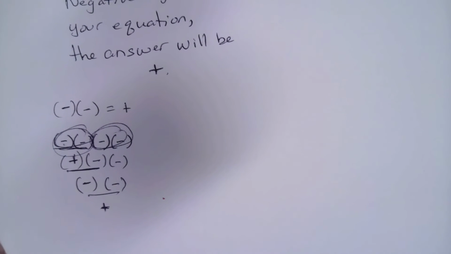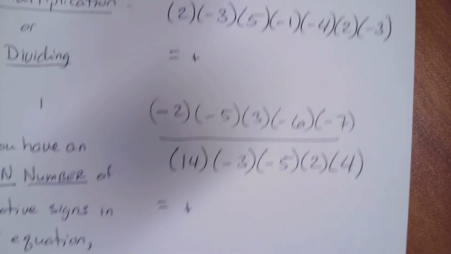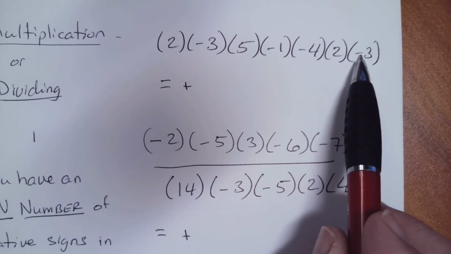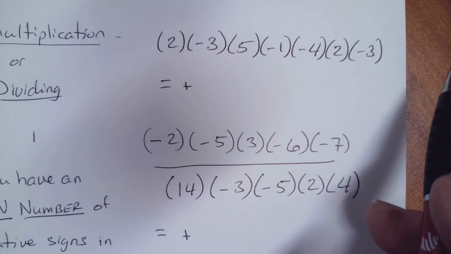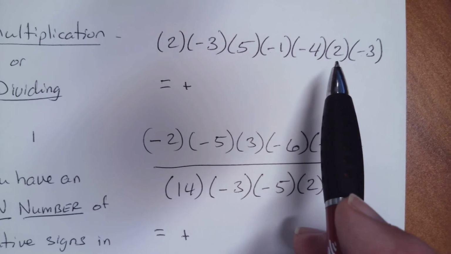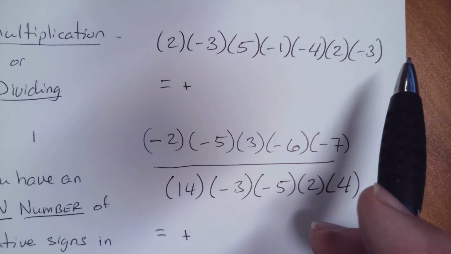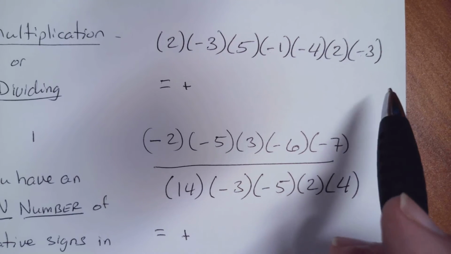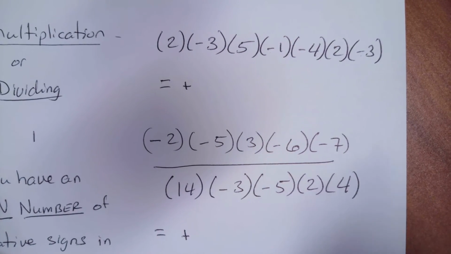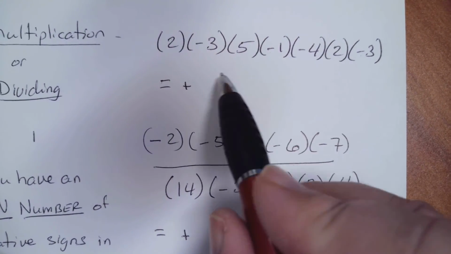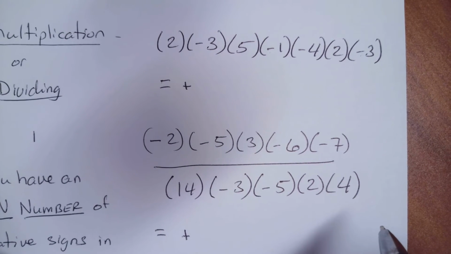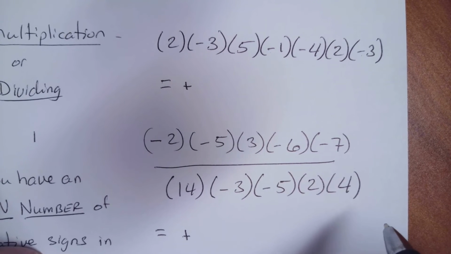Makes sense? So, if you look at this first one, we have 1, 2, 3, 4 negatives, so it's going to be positive. I'm done with the signs. All I have to do now is look at the numbers. Do we have to multiply them straight across left to right, or can we pick and choose numbers? What says we can pick and choose? What rule or property?